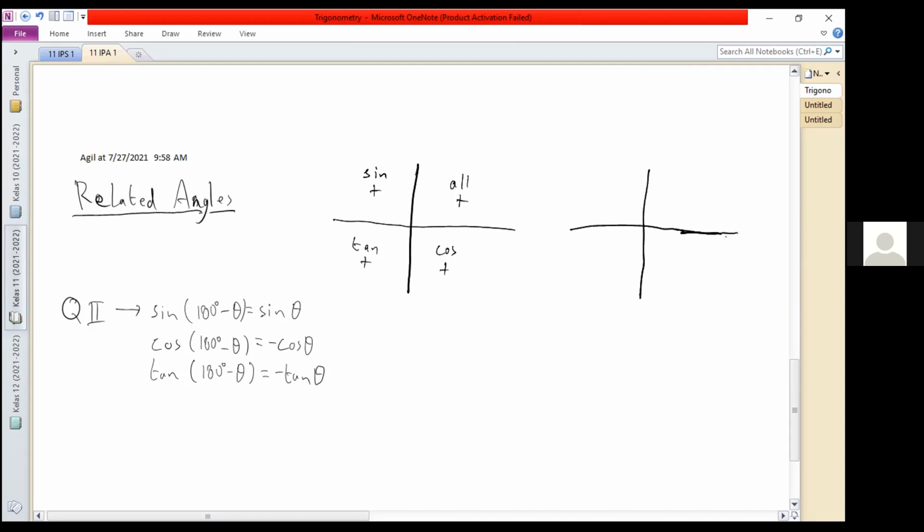The positive ones: in the fourth quadrant we have cosine, abbreviated to C. In the first quadrant we have A, all are positive. The second quadrant, we have sine. And the third quadrant, tangent is positive. So as you can see, if we abbreviate it, it is called the CAST diagram. This is to remember which one is positive.